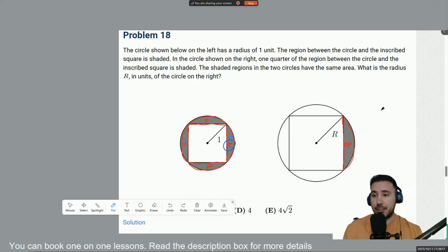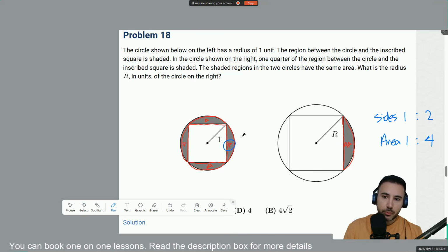So that means the ratio of the area of them is 1 to 4. So the ratio of the areas is 1 to 4. So what is the ratio of the sides? It's just 1 to 2. If we square the sides, 1 times 1 is 1, 2 times 2 is 4. So what does that mean? If this is 1, this is 2.